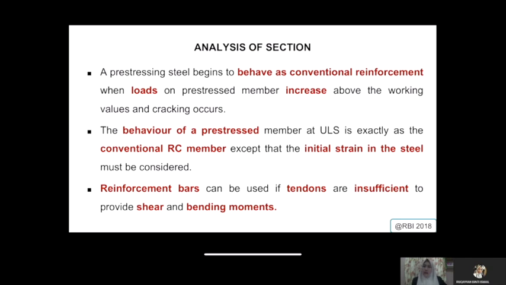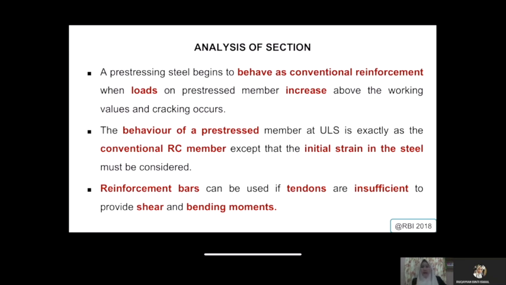Say you provide your tendon inside your pre-stress beam, but of course you don't design your tendon to cater for your shear and also your bending.